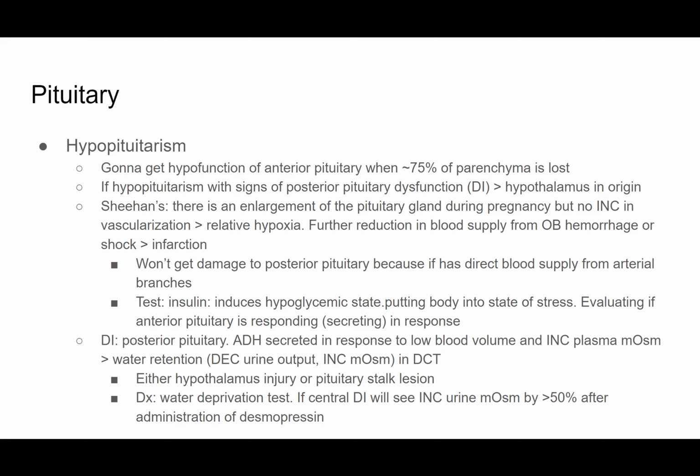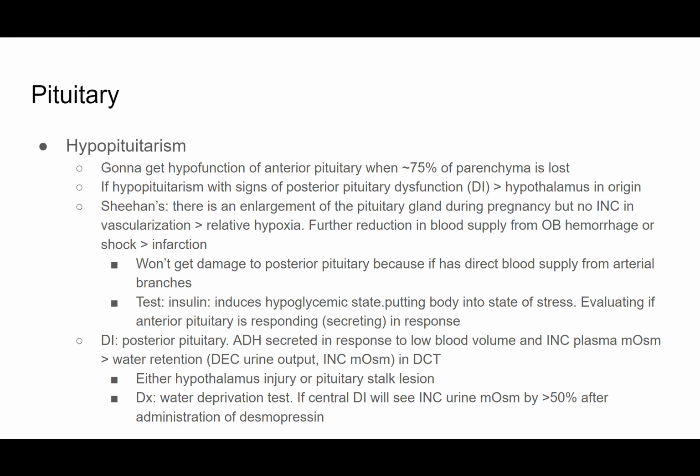So if a woman has Sheehan syndrome, you're going to have symptoms of defects in all of those hormones. That's essentially it. I think for your exam, this is more going to be along the lines of diagnosing. If they ask something pathogenesis-wise, it is going to be the relative hypoxia, that kind of thing.